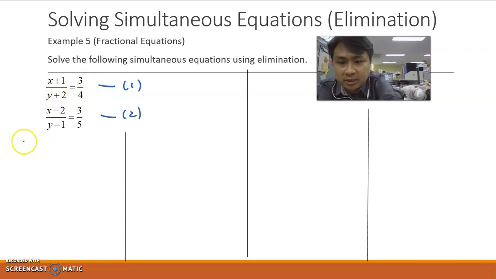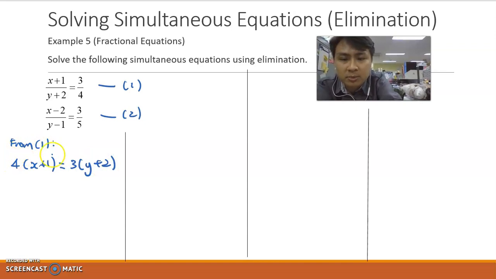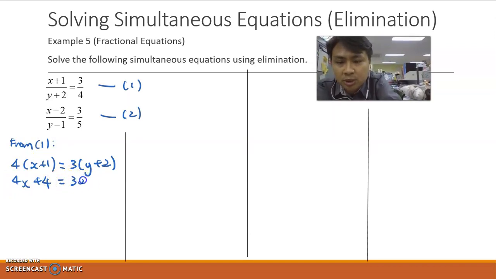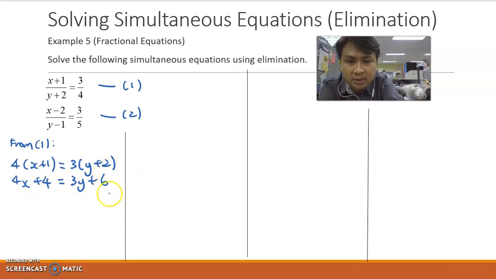Okay, let's write it down now. So from equation 1, 4 multiplied by x plus 1 is equals to 3 multiplied by y plus 2. We apply our distributive law. 4x plus 4 will be equals to 3y plus 6. Now this step will be the same as the jumble up question.